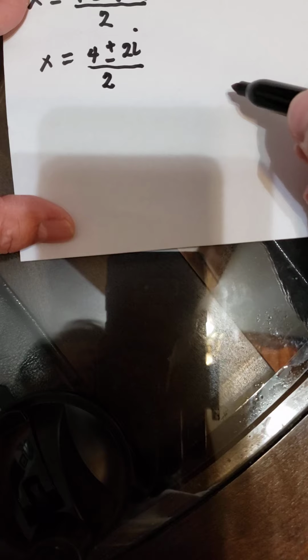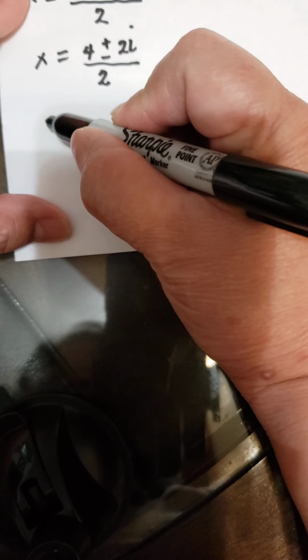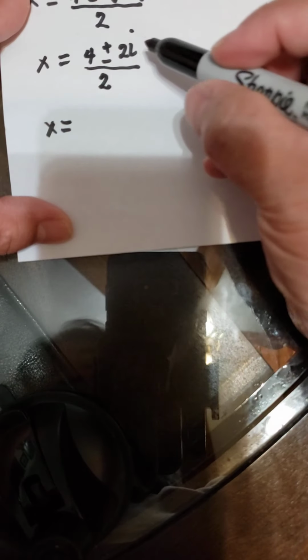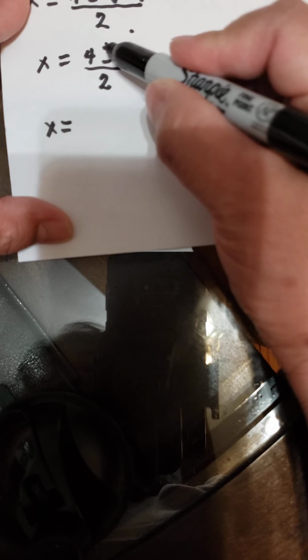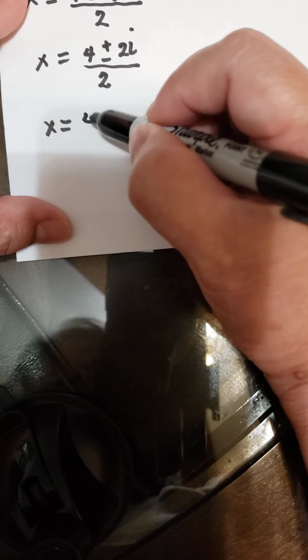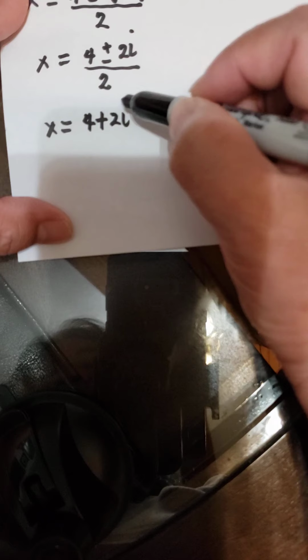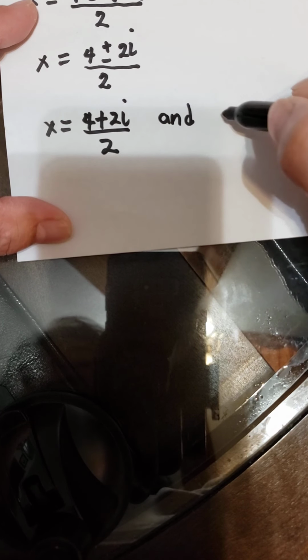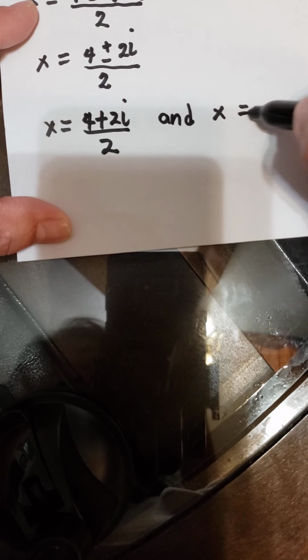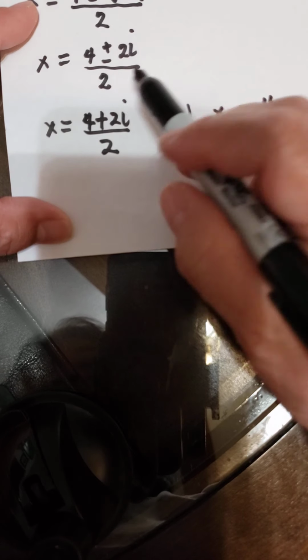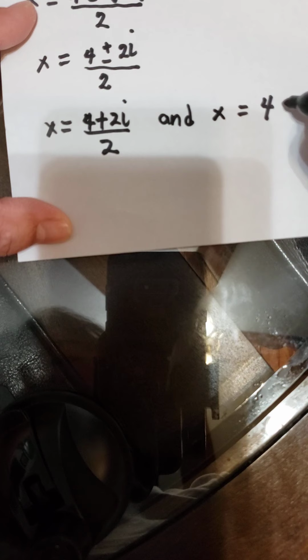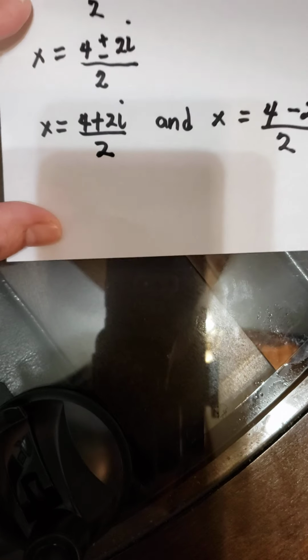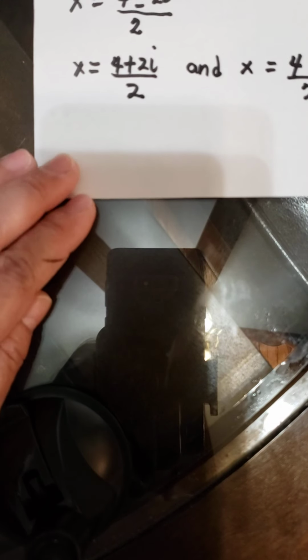So x equals 4 plus 2i divided by 2, and the other root is x equals 4 minus 2i over 2. What do you think is going to be our answer here?